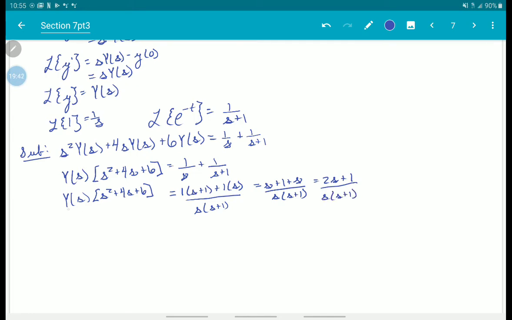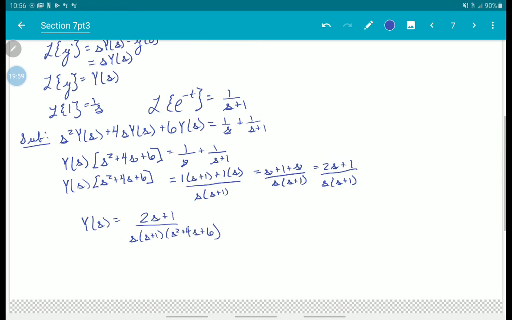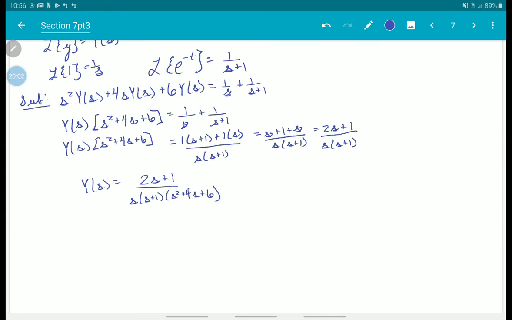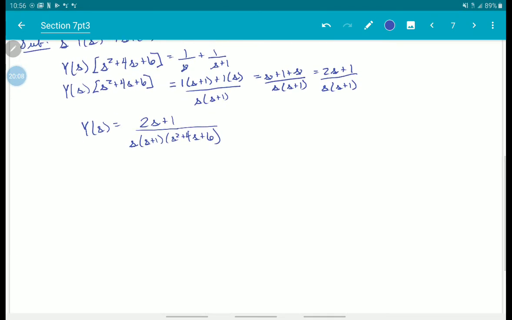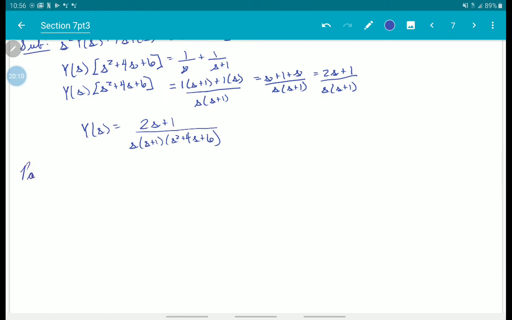So now if we divide both sides by that s squared plus 4s plus 6, we're going to have 2s plus 1 over s times s plus 1 times s squared plus 4s plus 6. And that's going to require partial fractions. So let's do partial fraction decomp.